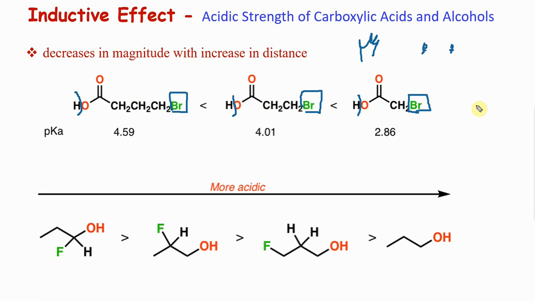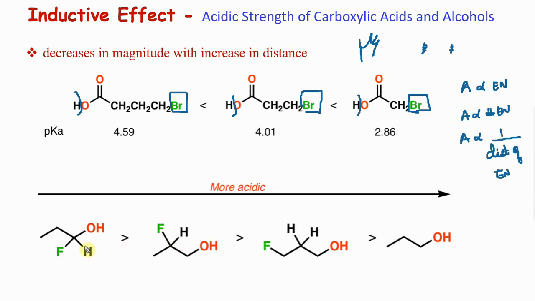So what did we see first? Acidity is proportional to electronegativity. Next we saw acidity is proportional to the number of electronegative atoms. Here we are going to see acidity is proportional to 1 over the distance of the electronegative atom. As distance increases, even if it is electronegative, its effect reduces. Acidity will be inversely proportional. That's what this means.